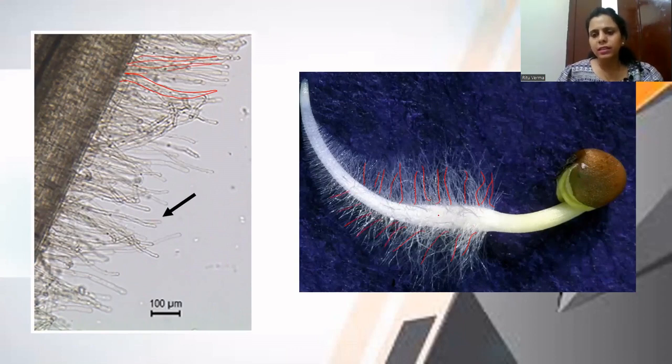This radicle is newly formed and it's growing, and the plant is in a growing stage. So this plant requires more water and minerals compared to an already grown plant. That's why so many prominent root hairs are present.